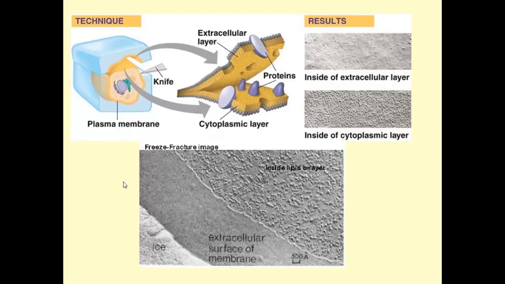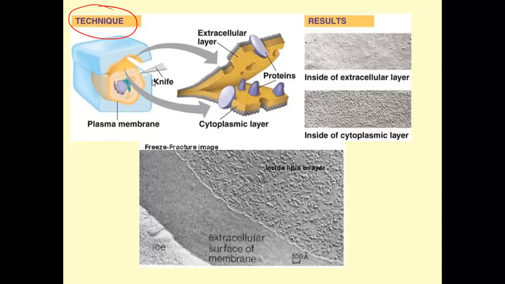This technique is called freeze fracture imaging, and you can see here our technique. We put a cell in a block of ice, and we make it very, very cold, and then we shatter this block of ice and this cell, and hopefully it will just shatter along a line of weakness. Now, we don't know where that line of weakness is going to be.